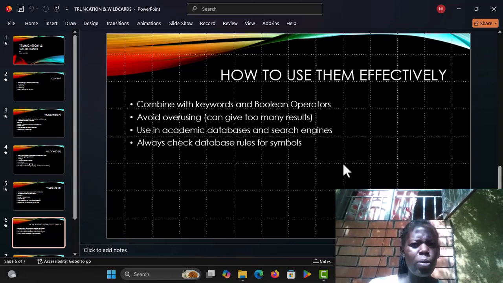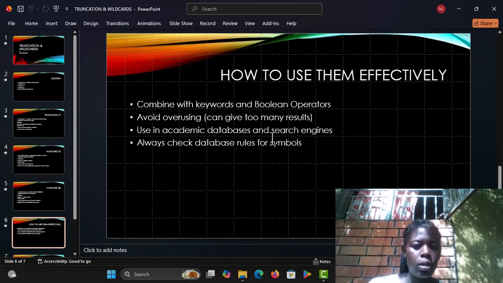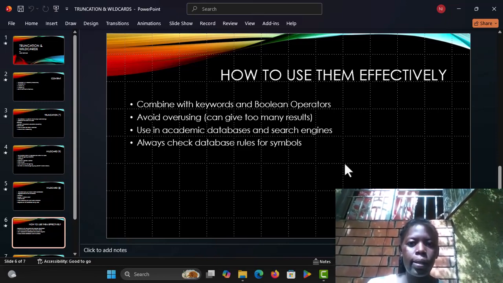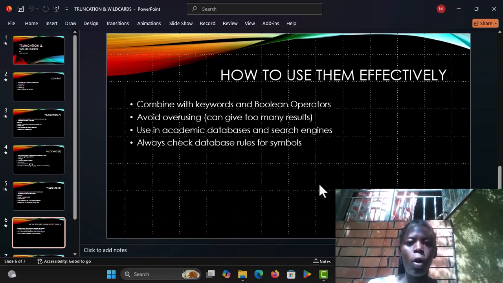If you overuse them and you give too many words, you look disorganized or shabby. So use them in academic databases and search engines. Always check database rules for symbols. Yes, always check them out. So this is how to use them effectively. Hope guys are learning.